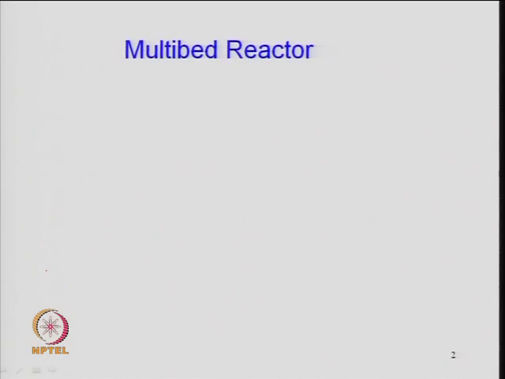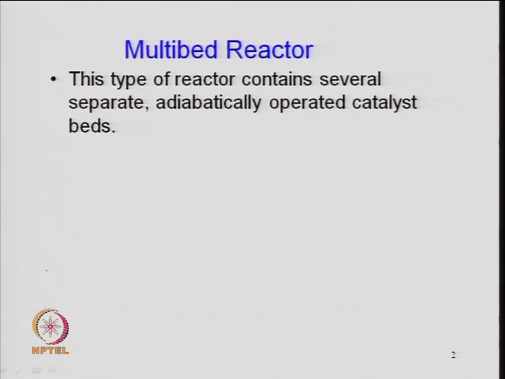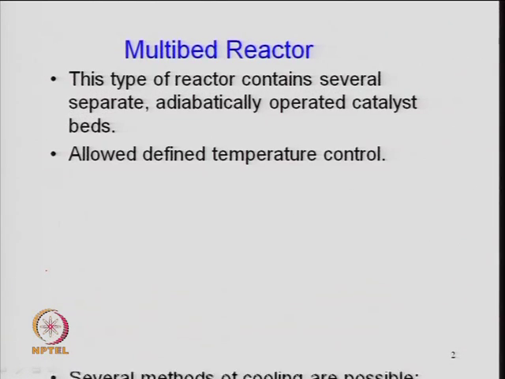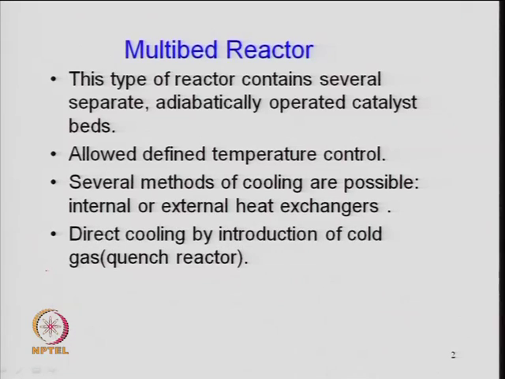So, we were talking about different reactor configurations, and then we looked at the design aspects also, the plug flow reactor design equation and the CSTR design equation to find out the mass of catalyst or the size of a reactor. In continuation of that, I was talking about a multi-bed reactor. One is just the fixed bed reactor, where in a single tube a large amount of catalyst mass is placed.